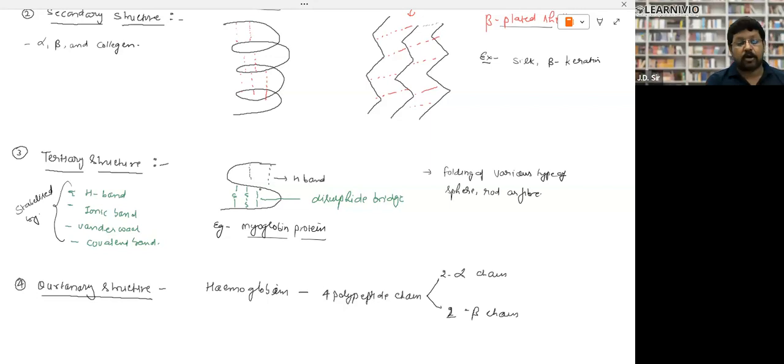First, draw this diagram of tertiary structure. Draw this diagram quickly. Don't take too much time. For quaternary structure, also write down the example of hemoglobin.